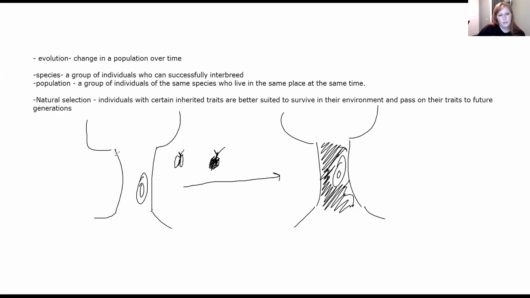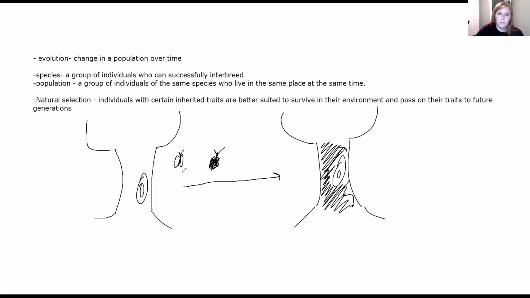When we're in this environment where the trees are their natural light shaded bark, which wing color is more likely to survive on these trees? If you said the light colored moth, you're right, because it blends in with the tree bark, right?